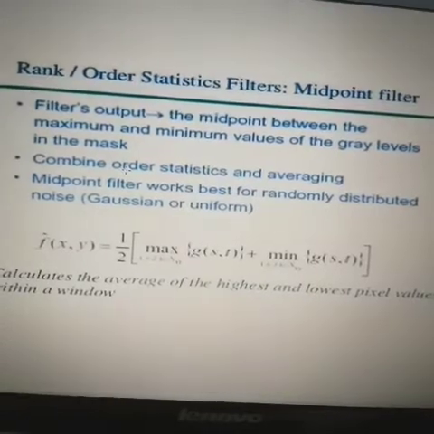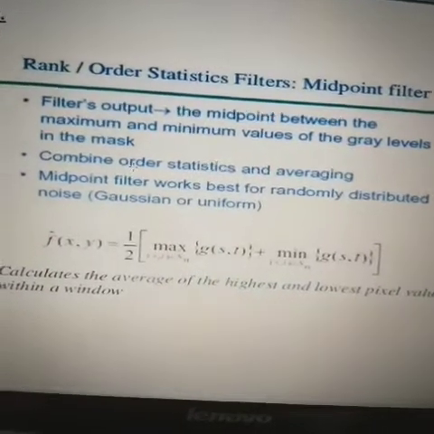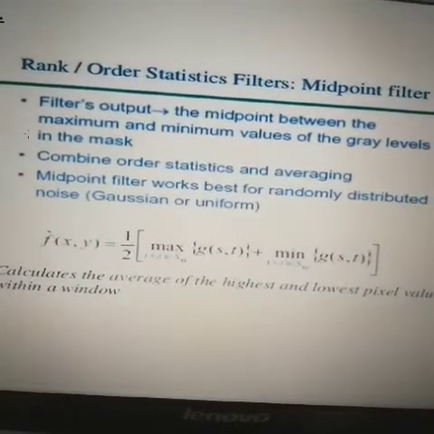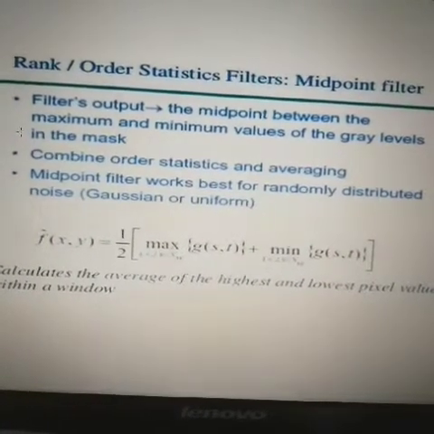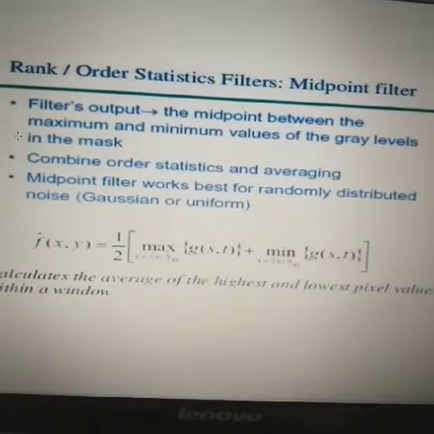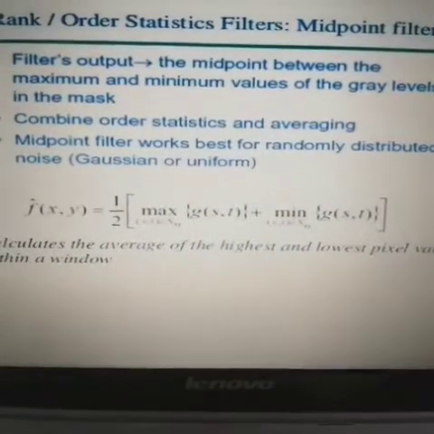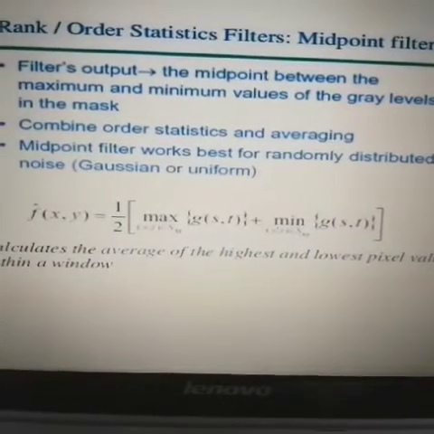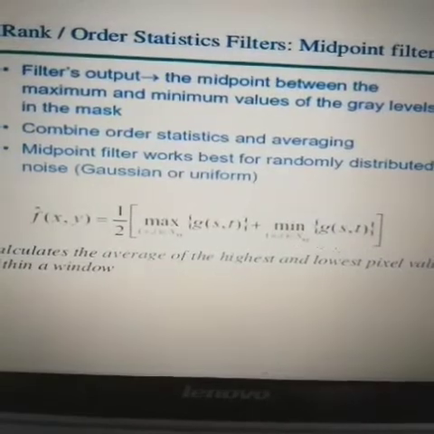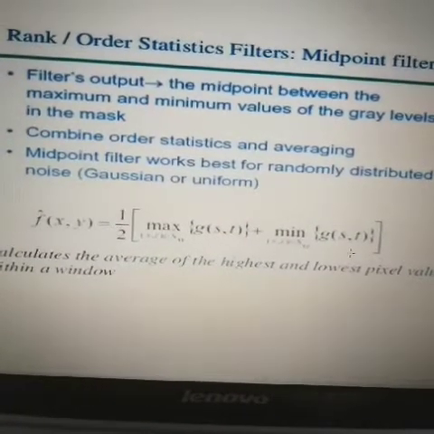For example, for 0 to 4, the mid is 0 plus 4 divided by 2. Similarly, to find the mid between the maximum and minimum value, we add the max and min values and divide by 2. Clear? Simply max of g s comma t plus min of g s comma t, divided by 2.